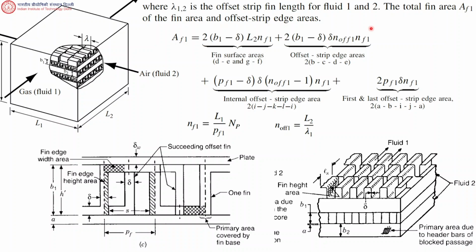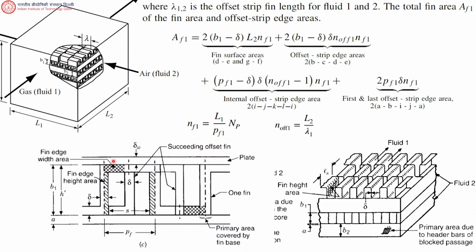So that is the fin edge height area. Then we also have to take care of the fin edge width area. These are names from that other book by Shah and Sekulic. So your attention now should come here. Just follow the pointer.